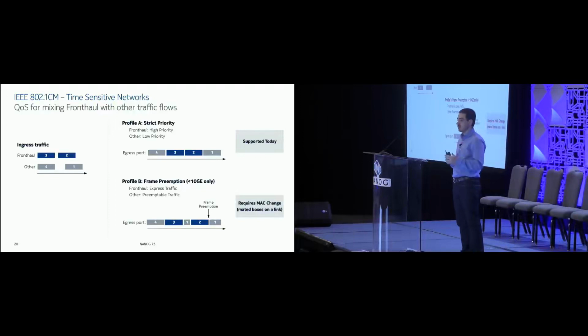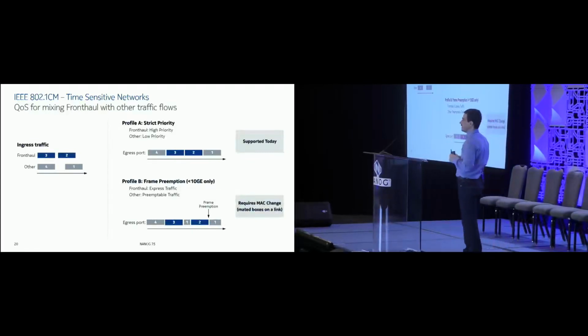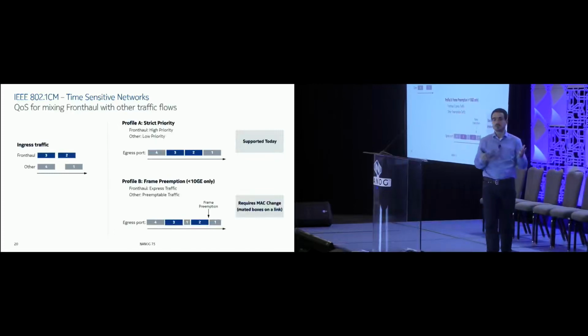So you have on your left the ingress queue, where you have gray with non-priority traffic and blue with the front haul traffic. So what it actually means is that you start transmitting your frames. If you receive a high priority frame, then you put it into the front of the queue, you transmit that, and then once that's empty, you transmit all the other frames, right? So we do that today. All of the equipment in place today, I would assume, supports that. That's the case for sure for us.